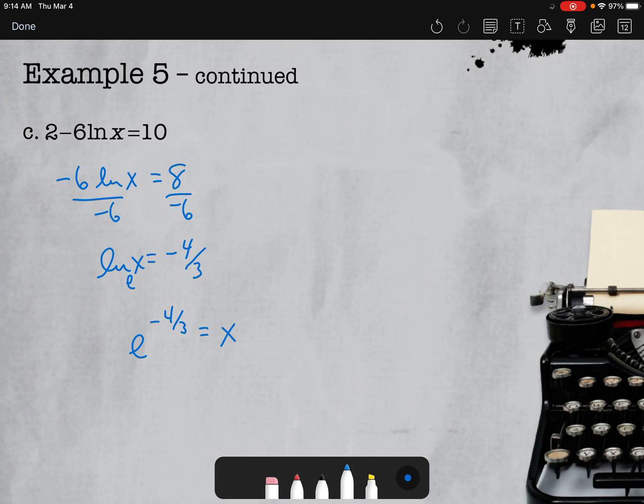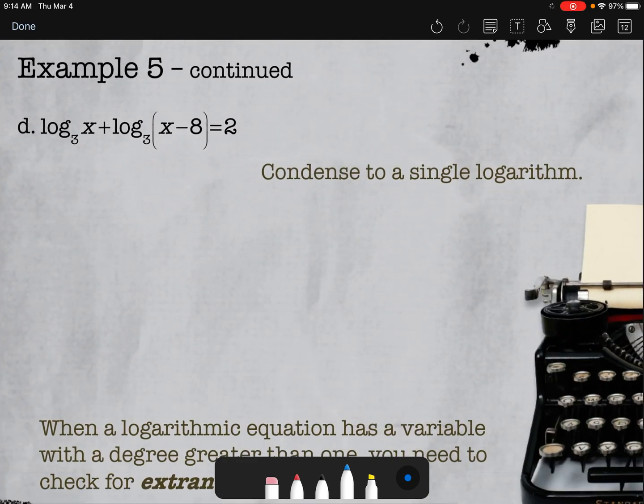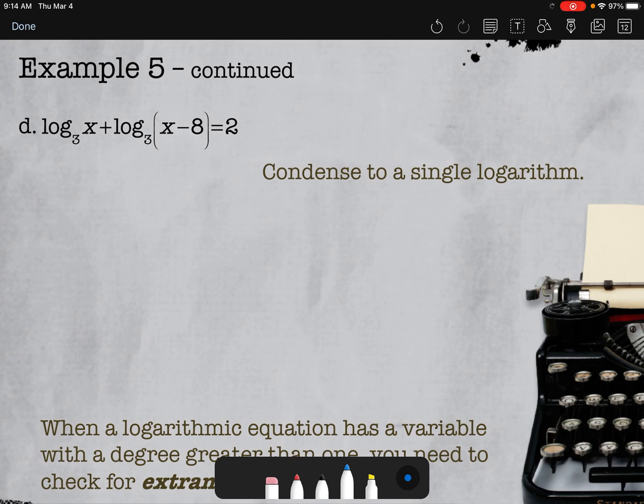So there's our exact answer. And in decimals, that's about 0.2636. Okay, pretty slick. Rolling along here.